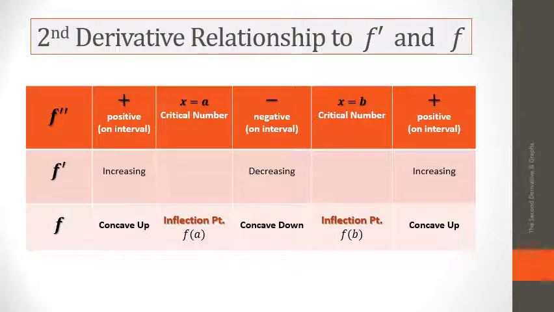So if the second derivative is positive, that means the first derivative is increasing, which means the original is concave up. So there is a relationship between first, second, and the original, if you need that.